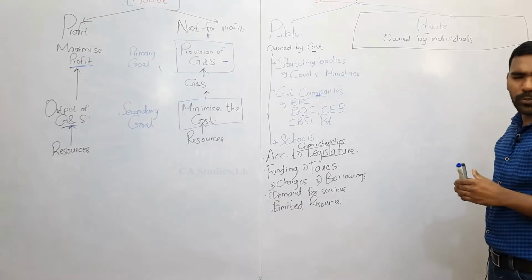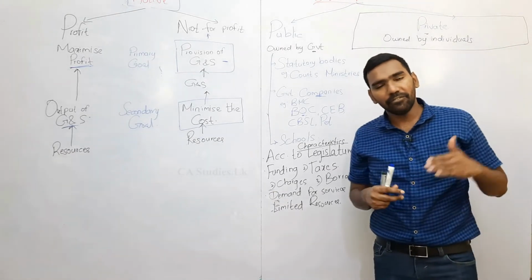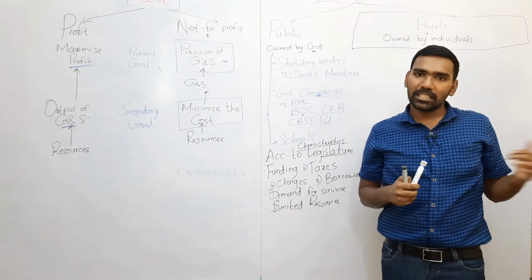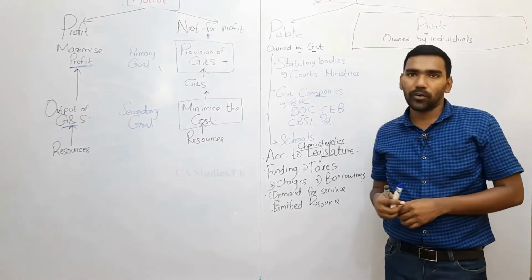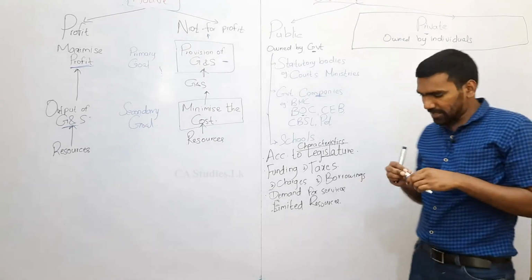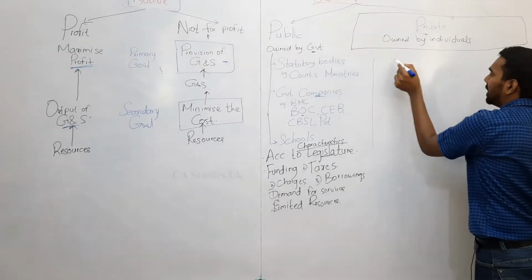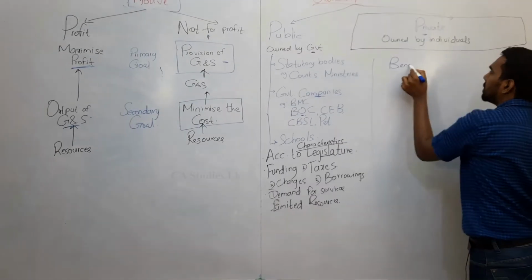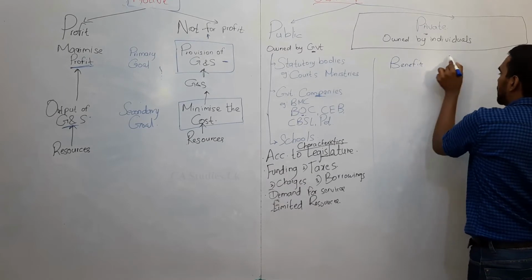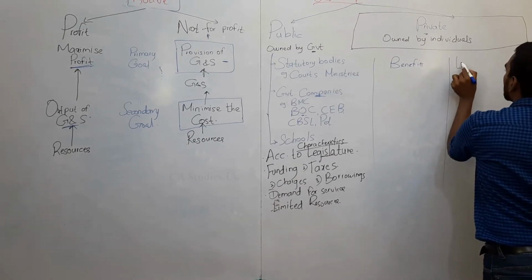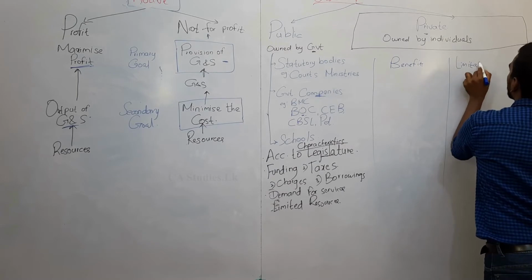Then we will move on to the advantages and the limitations or disadvantages of public owned businesses. So we will start with the benefits, and on the other hand we'll talk about limitations.